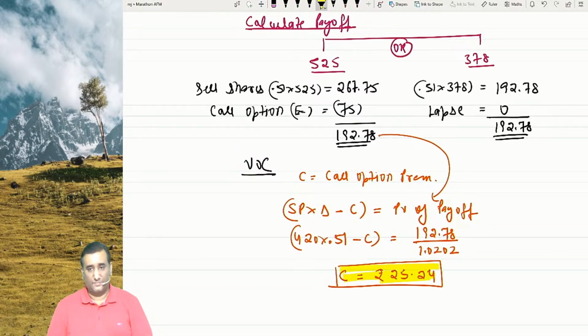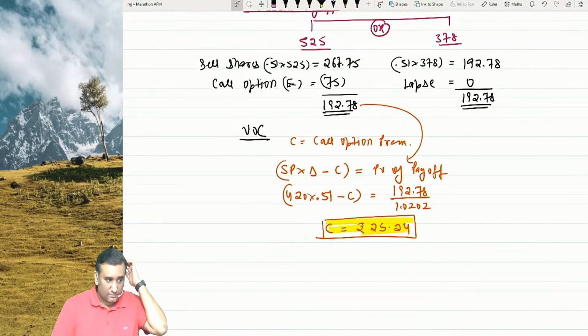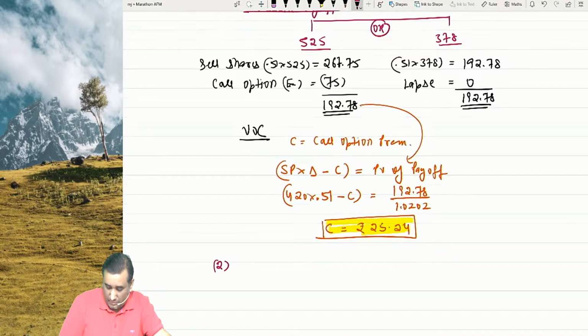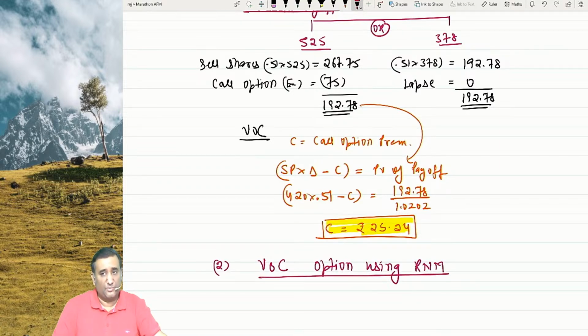Try the second. I'm saying he has used the same question. It has to be done this way. Right? Could have simply done by the second method.